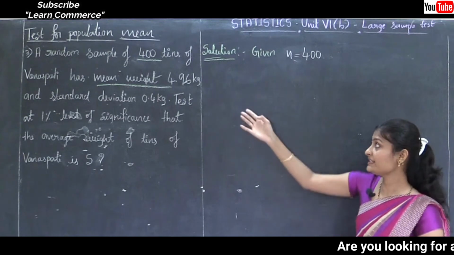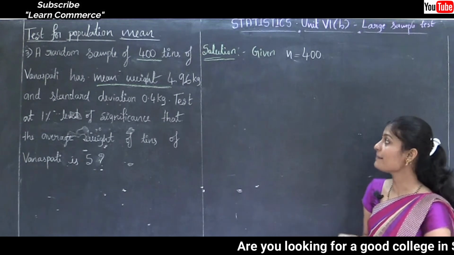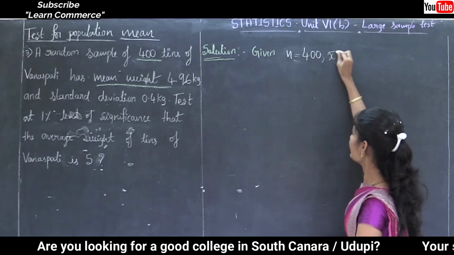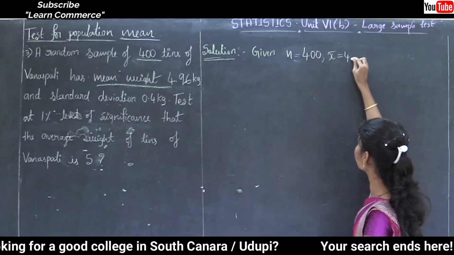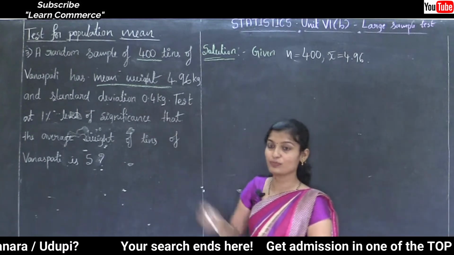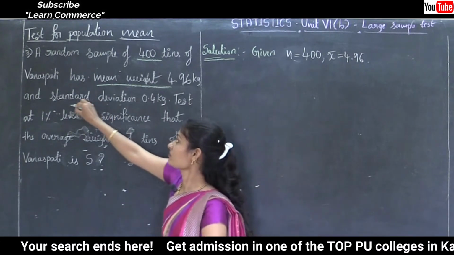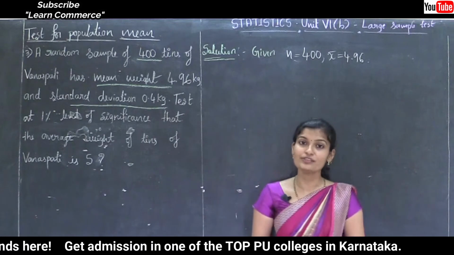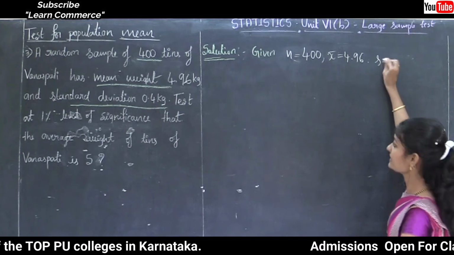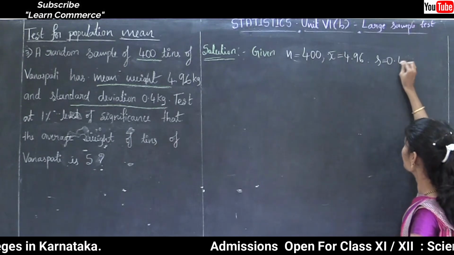Sample mean weight is 4.96, and the sample mean is denoted by x bar. Next, standard deviation 0.4 kg. The sample standard deviation is denoted by small letter s, and the given observation is 0.4.